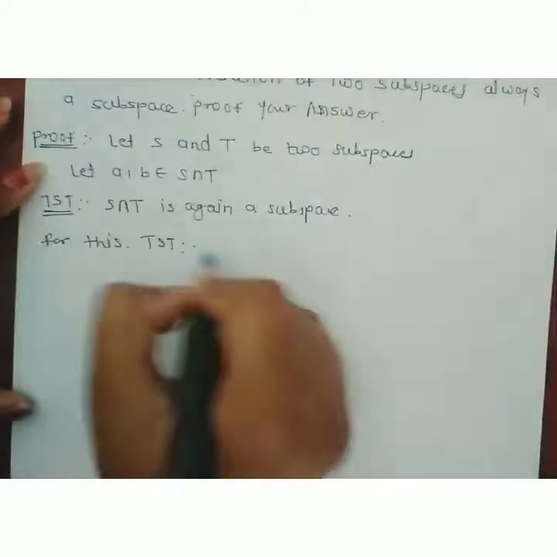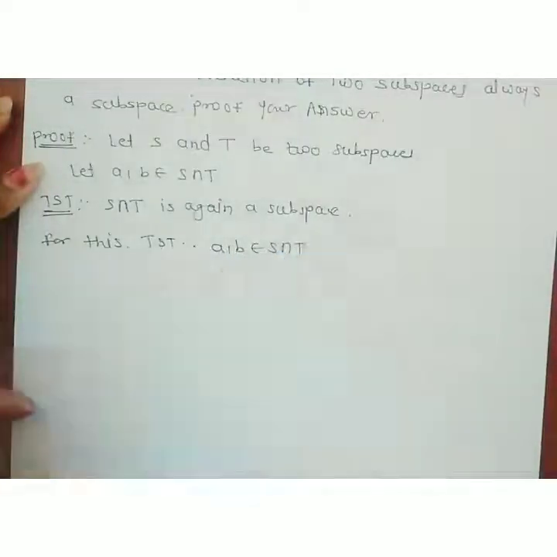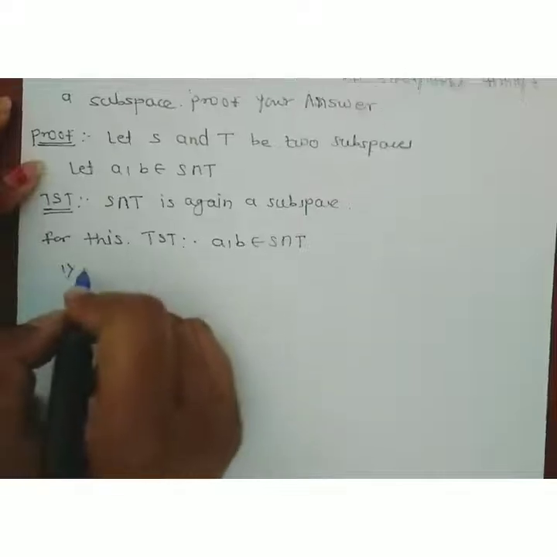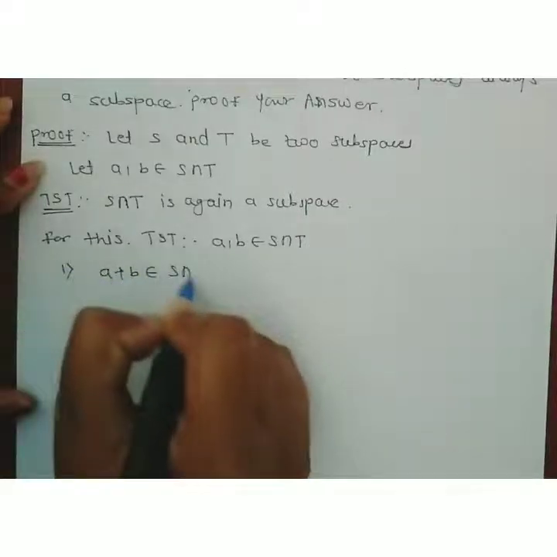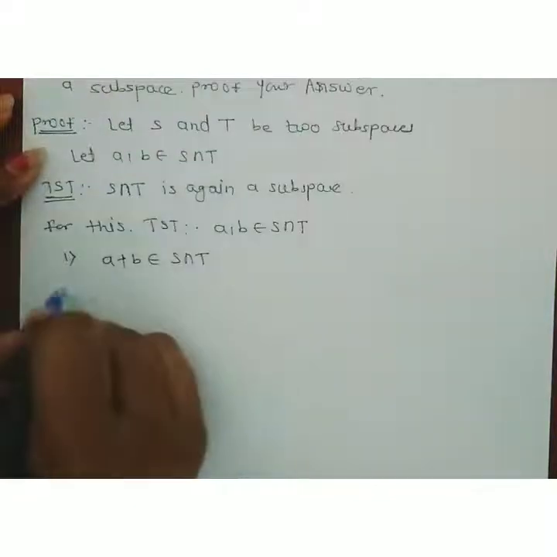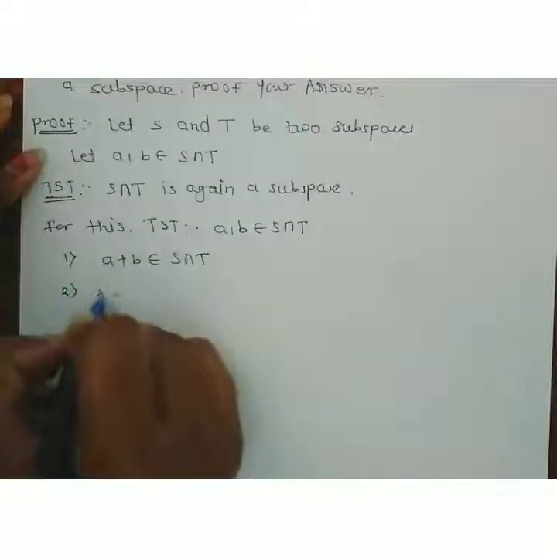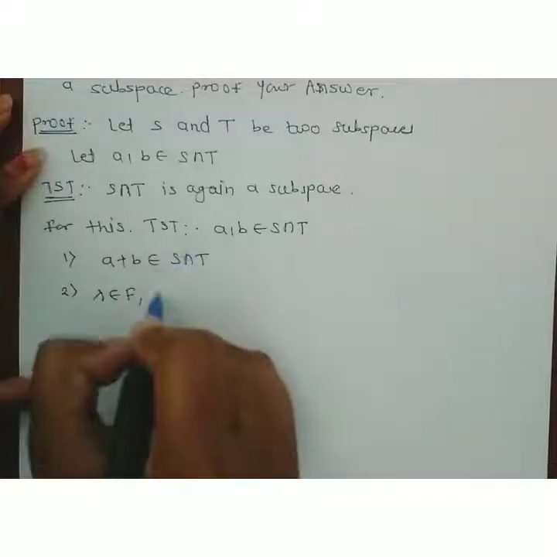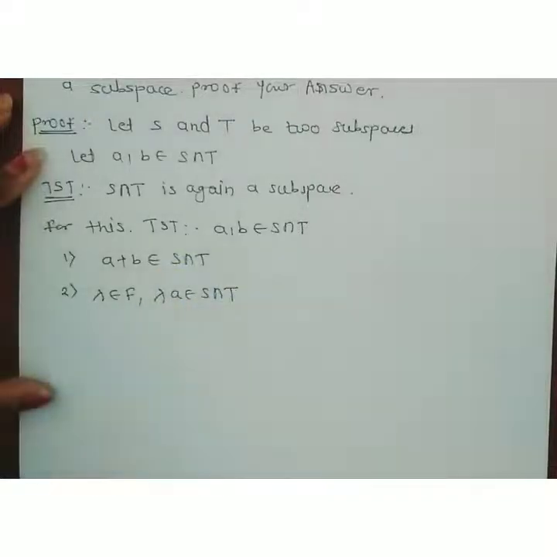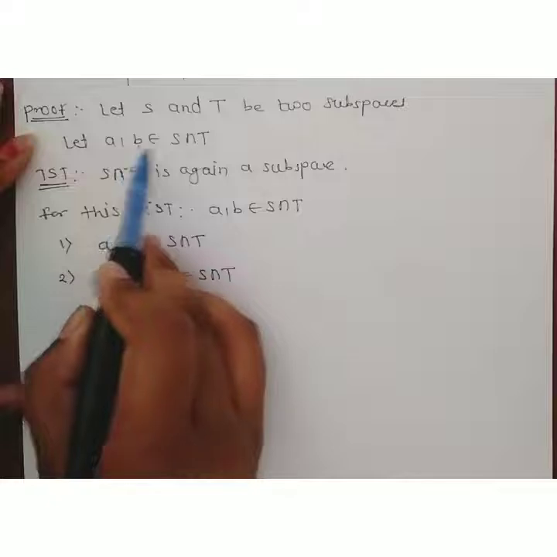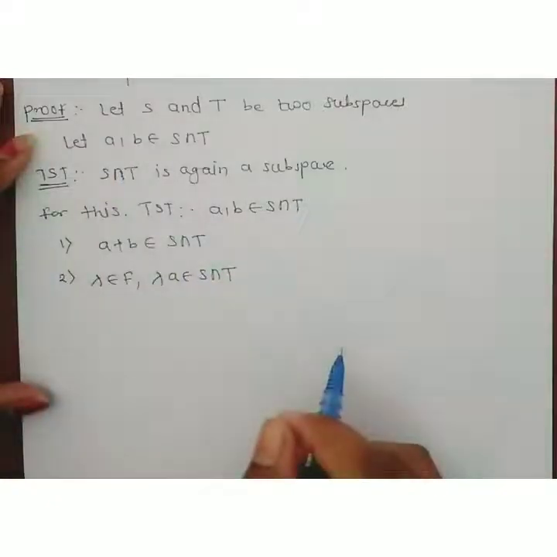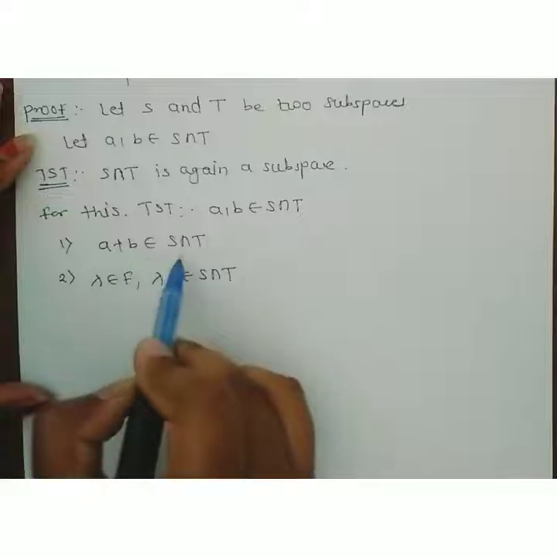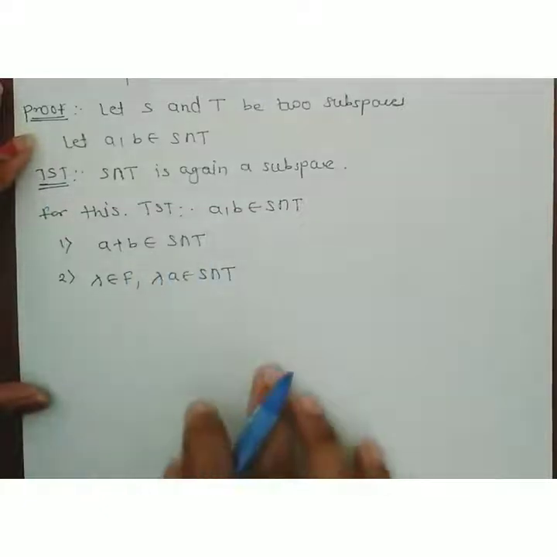For any a, b belonging to S intersection T, the first property is that a plus b also belongs to S intersection T. And the second property is, for lambda belonging to field F, lambda times a belongs to S intersection T. These properties we have to show for S intersection T to be a subspace of the vector space V. First, we have to show that a plus b belongs to S intersection T.